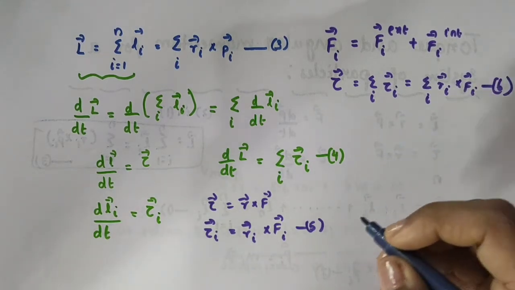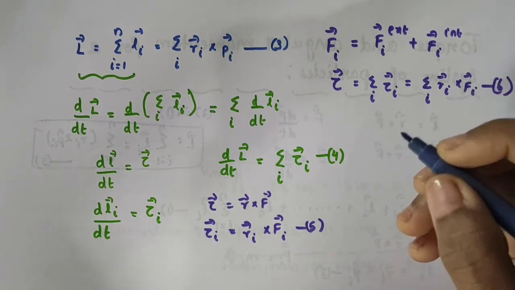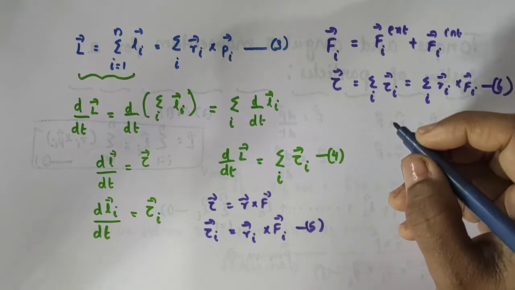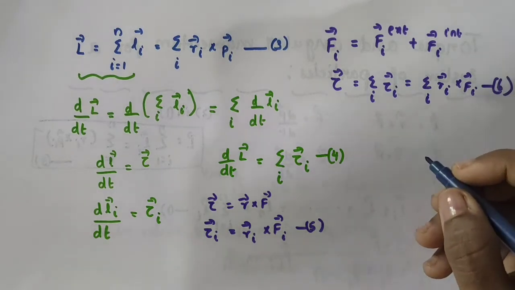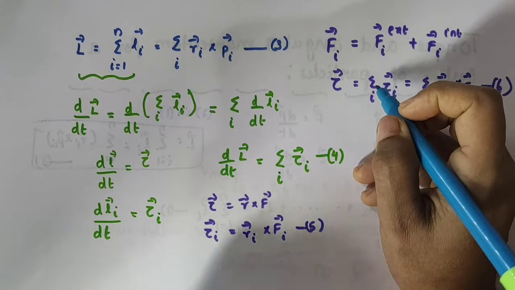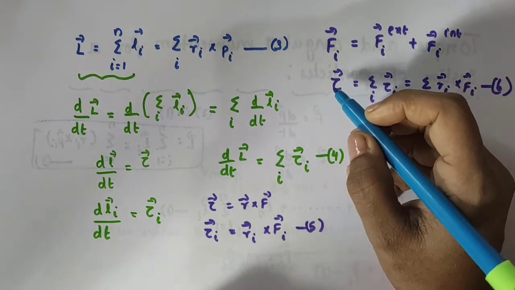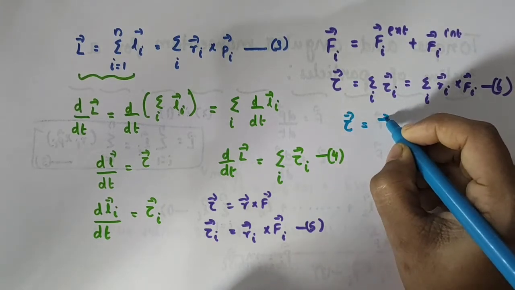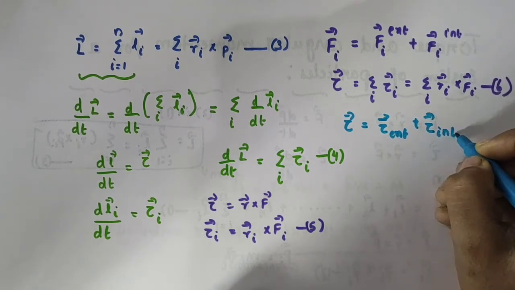There will be a contribution of the external forces to the total torque, as well as a contribution of the internal forces to the total torque. So we can write the total torque tau as tau external plus tau internal.